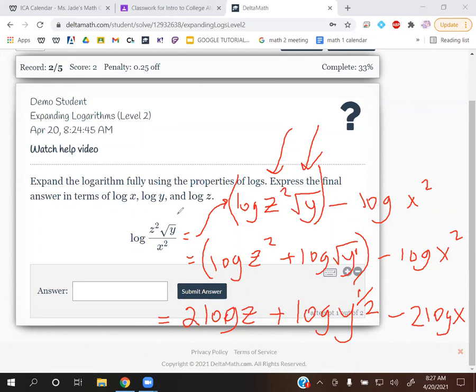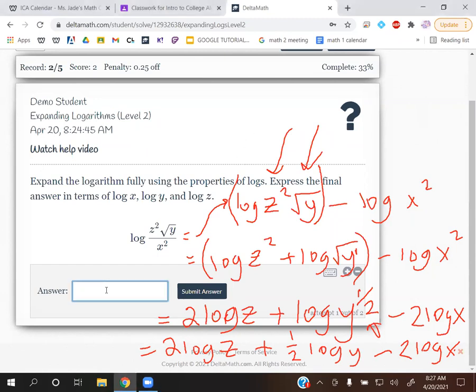So one more step is just to take this last exponent and move it to the front. So let's see, I think I can fit it in here. 2 log z plus, so that exponent, the 1/2, goes in the front, 1/2 log y. And then this one we already did, so 2 log x. There we go. And that would be our final answer. I'm not going to put a box around it because I don't think I have enough space to.